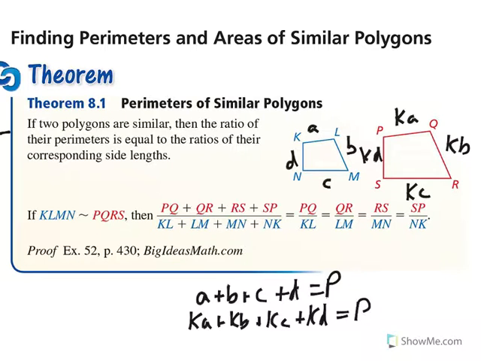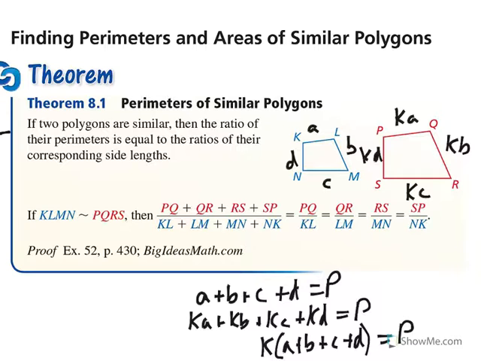Whenever I have a variable that is multiplied by every single number, I can always pull it out. It's like the opposite of distributing. Think about distribution. Whenever I distribute inside parentheses, I multiply it by every single number. I can do the opposite and I can pull the same amount out. So in this one, I would do K times A plus B plus C plus D.